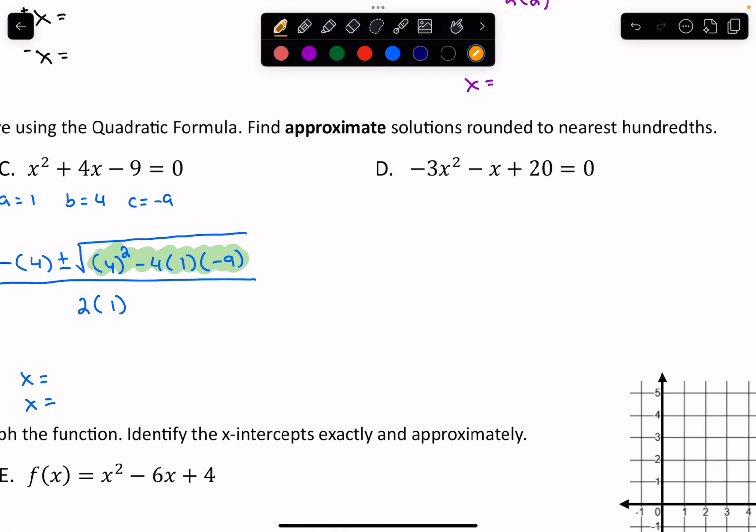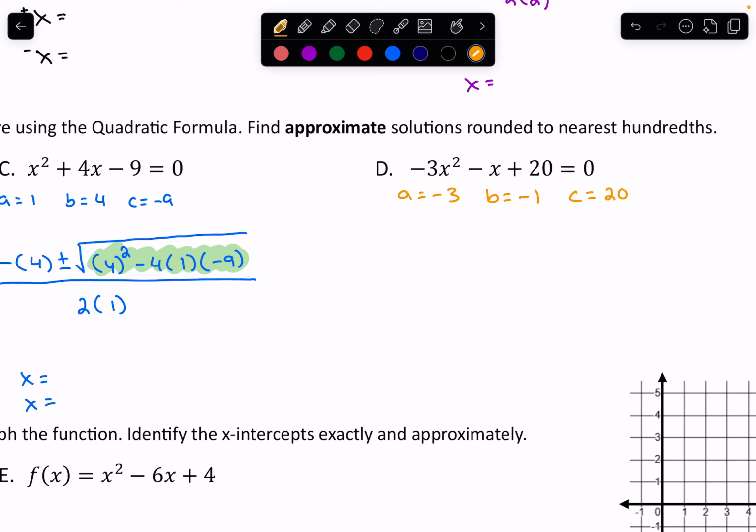Okay, last one. -3x squared minus x plus 20. A is -3. B is in front of x. It's -1. And C is 20.